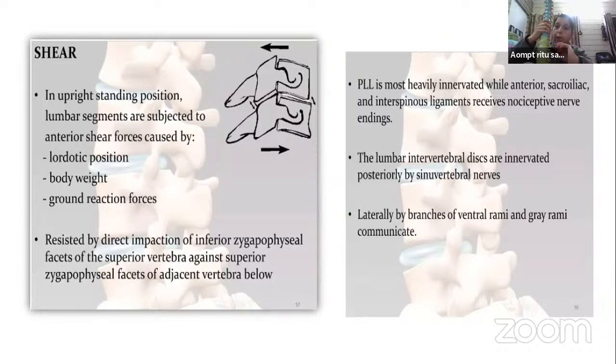So the patient will feel pain on one side, and it means this is a closed facet joint of extension.